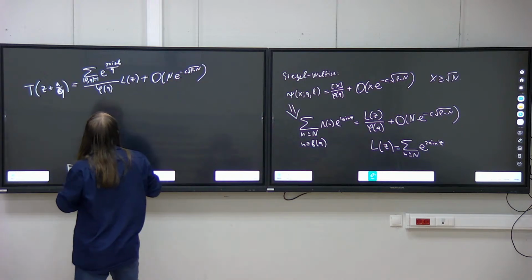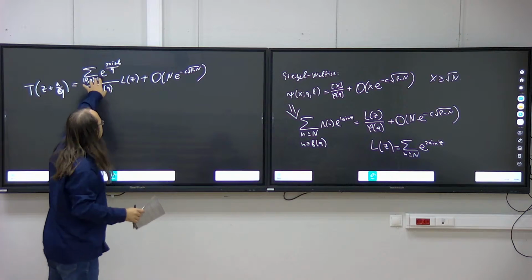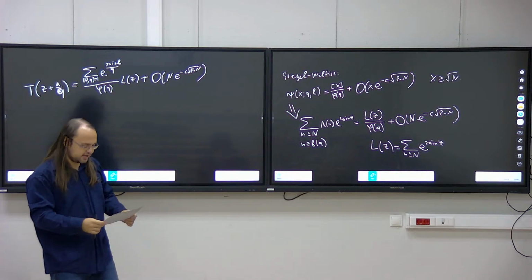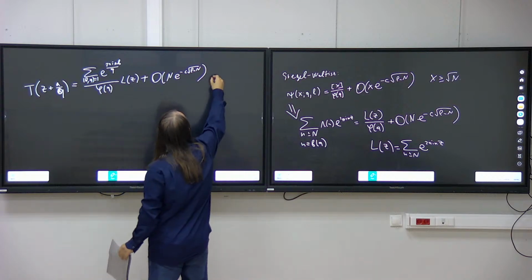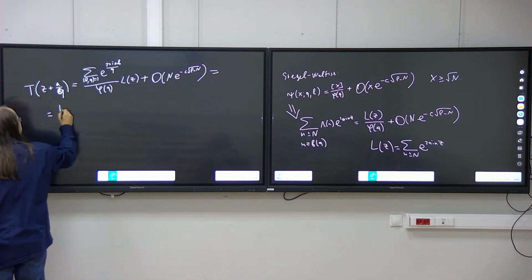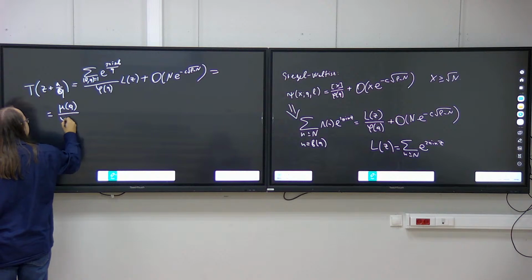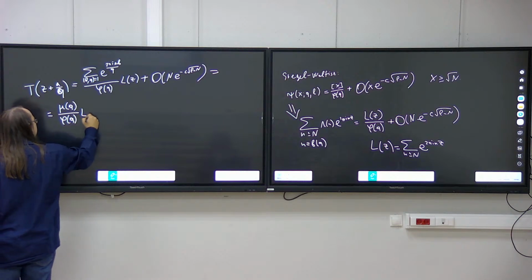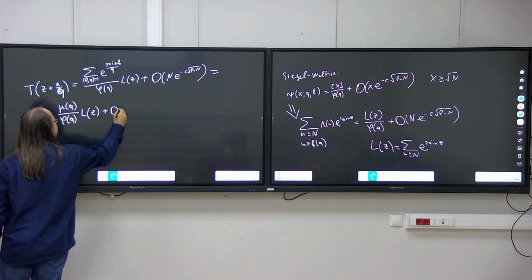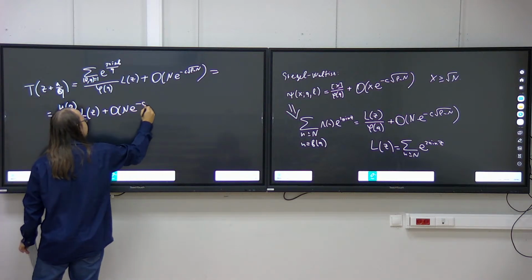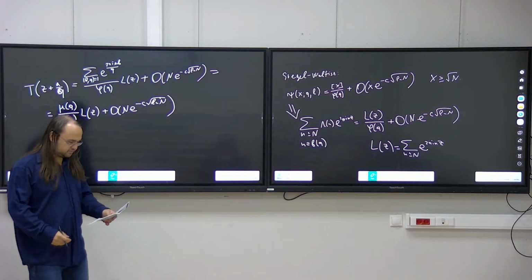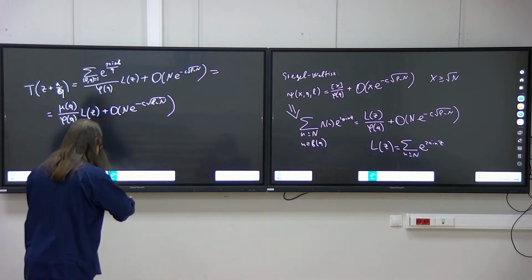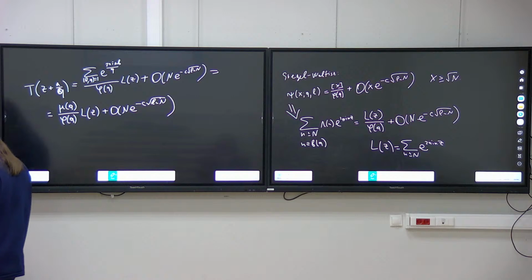And it turns out that this sum here is called the Ramanujan sum. It is equal to mu of q divided by phi of q. So it is equal to mu of q divided by phi of q times L of z, plus big O of N e to the minus c log N. The sum is equal to mu of q, the Möbius function.